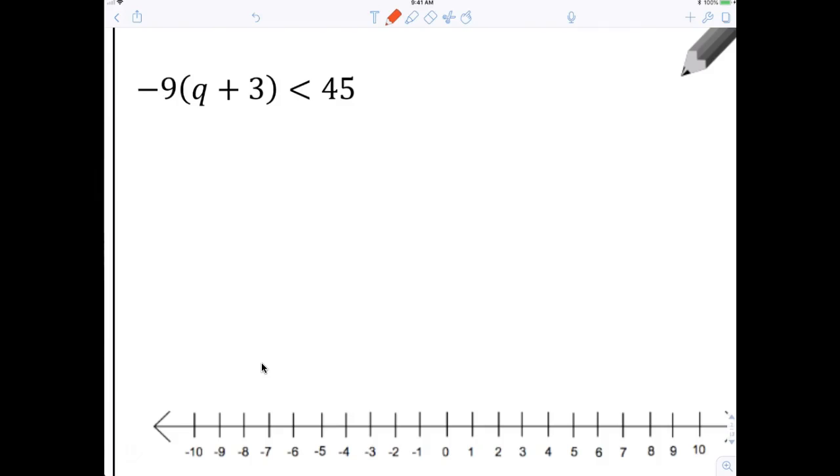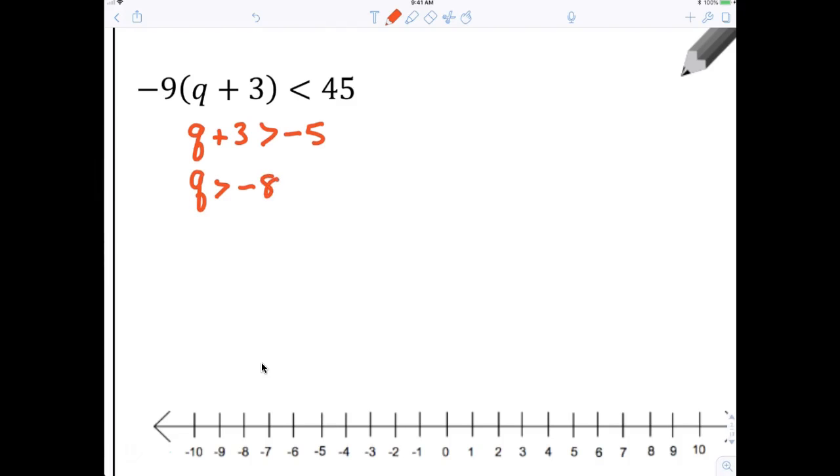Switch it. So now I have Q plus 3 is greater than negative 5. And now I'm going to subtract 3. So my final answer is Q is greater than negative 8.